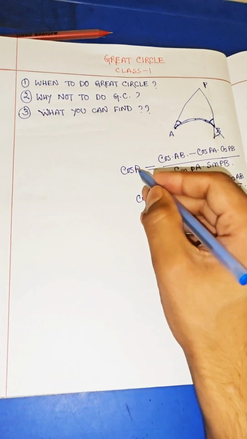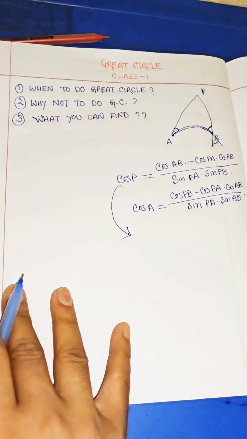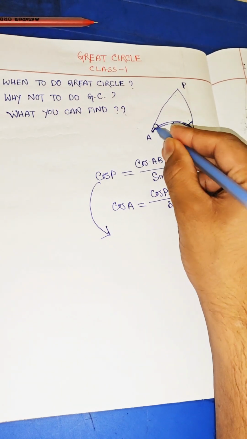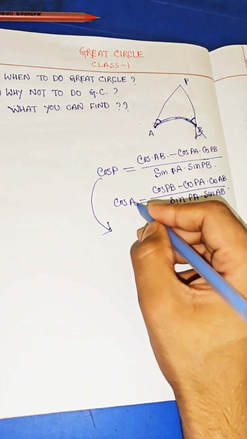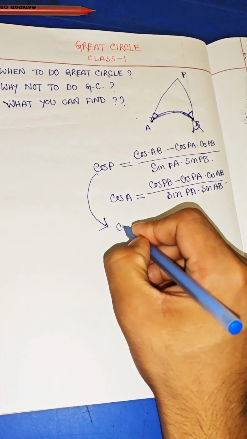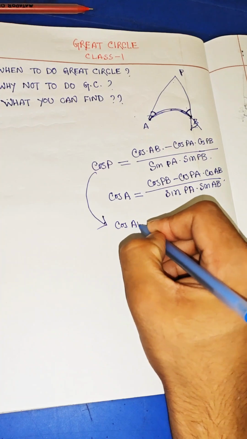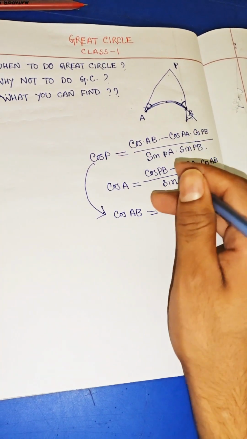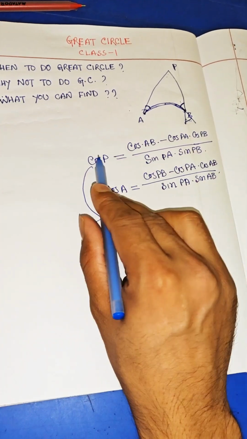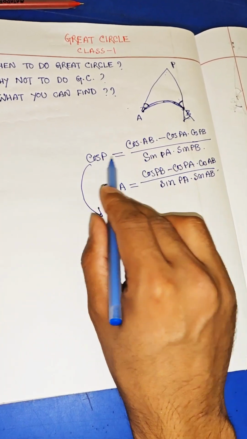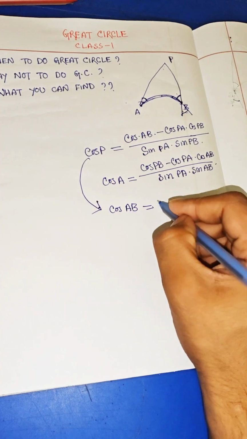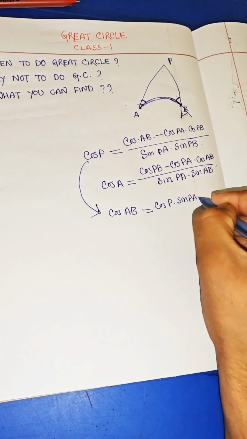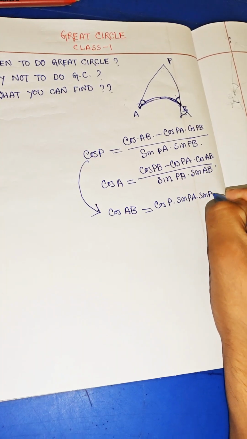So from this formula, if you modify it a little bit, you can find the distance, because this is the great circle distance. Cos AB is equal to, I'm just writing one line, multiply with this, so cos P into sine PA into sine PB.